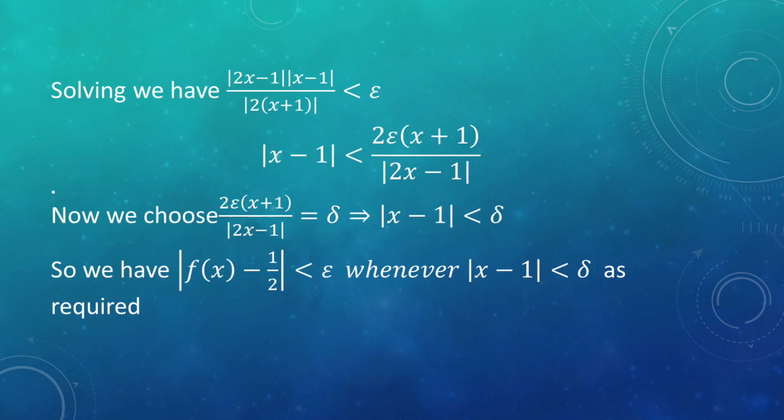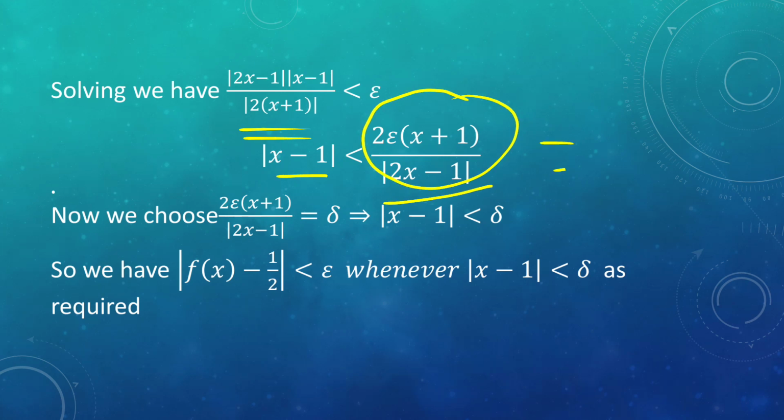If you solve this by normal expansion, you'll find that the absolute value of x minus 1 is less than this expression, which we can choose to become our delta, following the definition of limit. So this implies that the condition is true, and therefore our function minus the limit is less than epsilon whenever this is true.